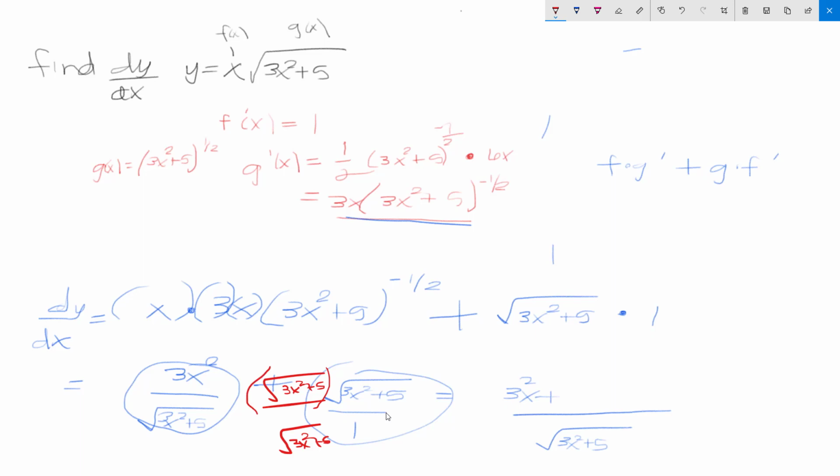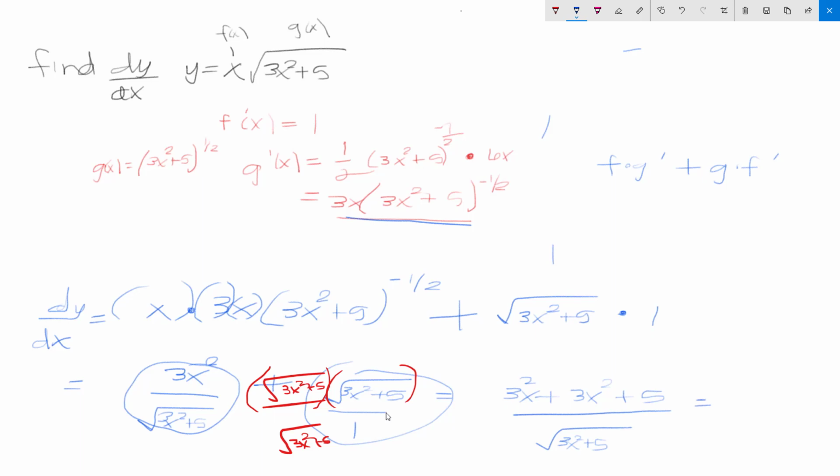The square root of 3x squared plus 5 times the square root of 3x squared plus 5 is a root times a root, so when you multiply that out, it gets rid of the square root. So it's 3x squared plus 5, and there's no more root. It's actually quite nice.